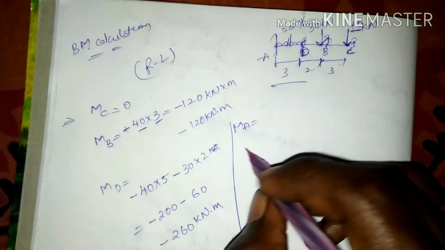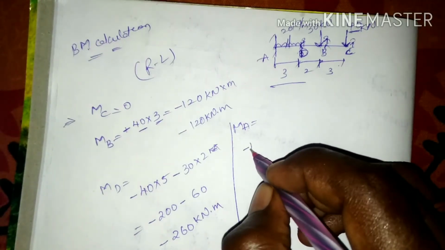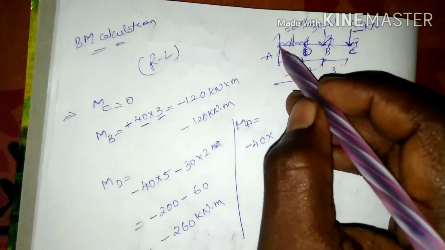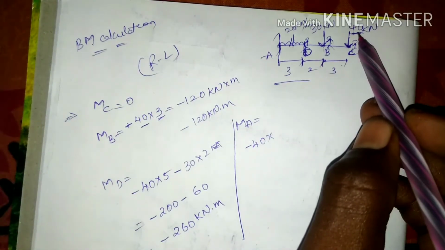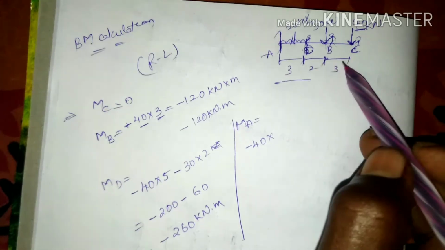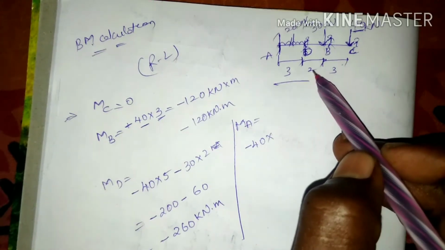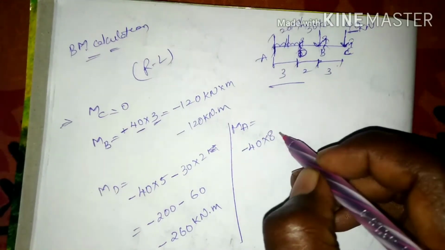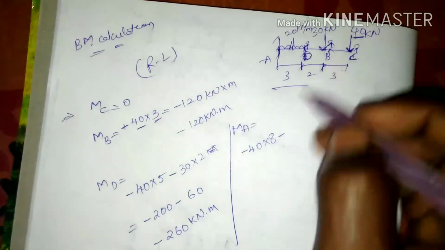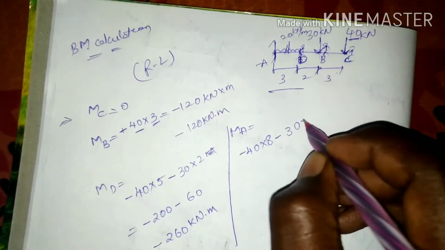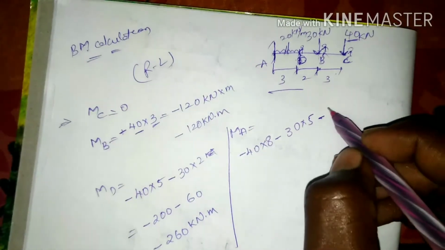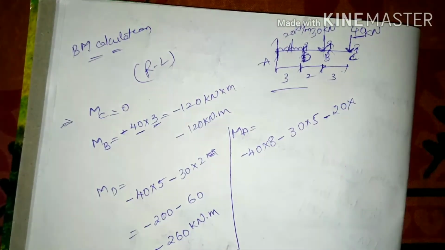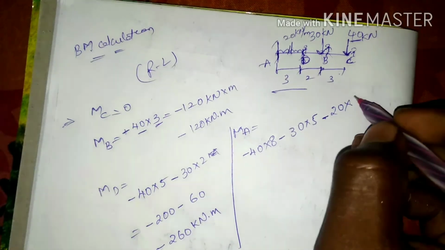So here it is minus 40 into, for the moment about A, minus 40 into the distance, which is 3 plus 2 plus 3, that is 8, minus 30 into 5, and 20 into 3, which is converting the UDL into the point load.